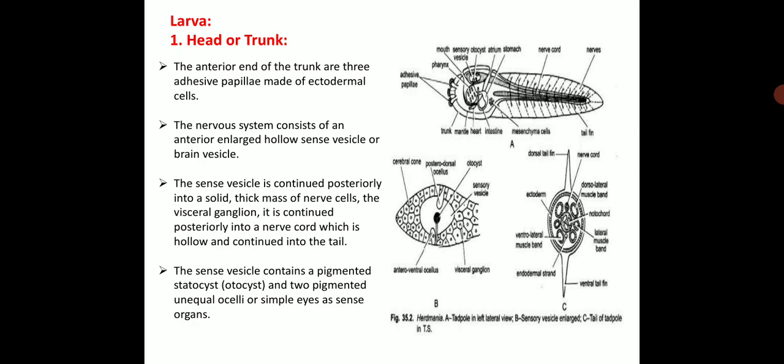It continues posteriorly into a nerve cord, which is hollow, and then into the tail region. That means the nerve cord continues up to the tail region. The sense vesicle contains a pigmented statocyst and two pigmented unequal ocelli or simple eyes as sense organs.